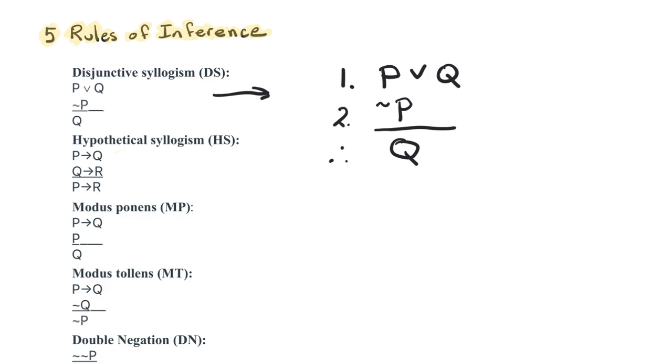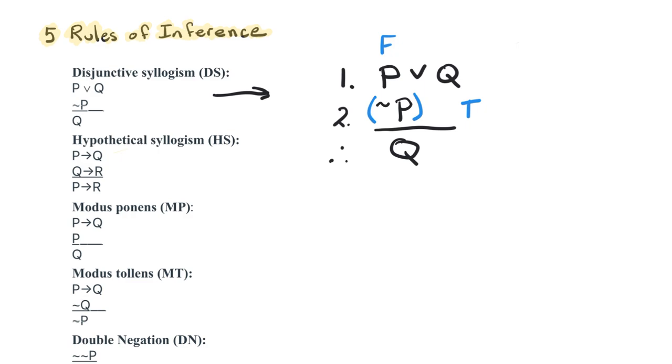I think the easiest way to understand why this is a valid argument is to start with the second premise. For the second premise to be true, this whole sentence, the negation of P, we know that P therefore has to be false.